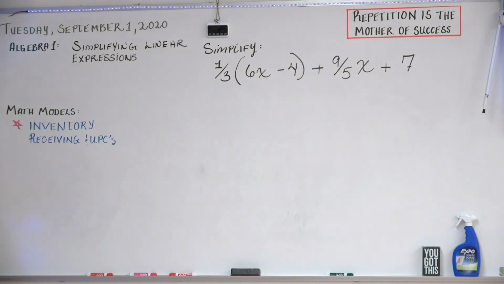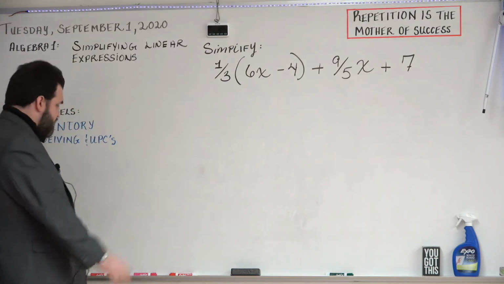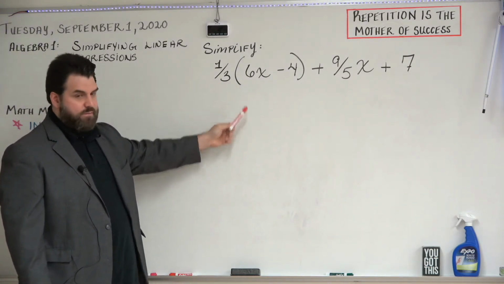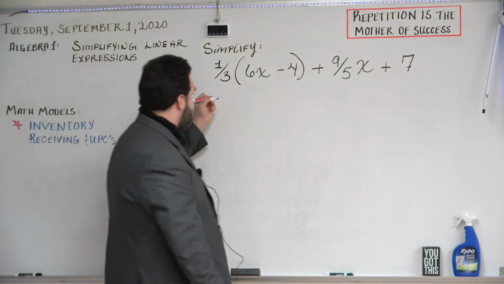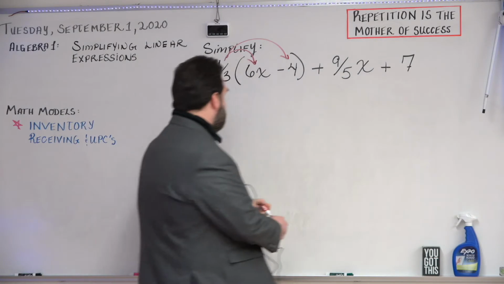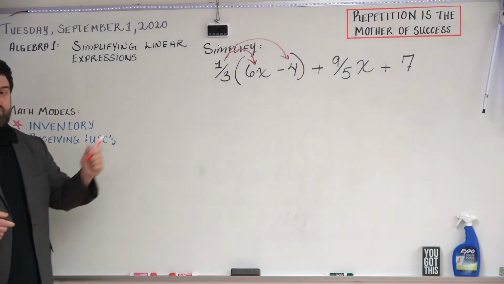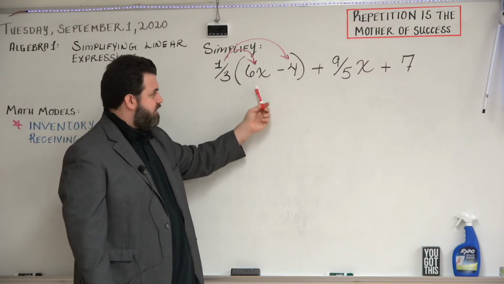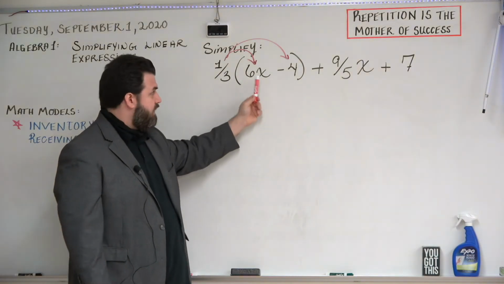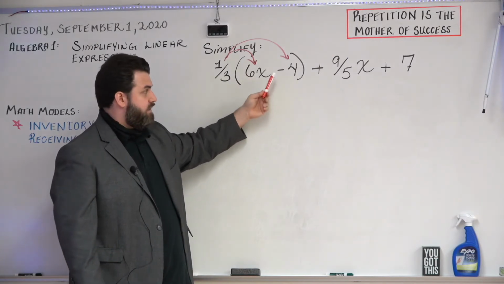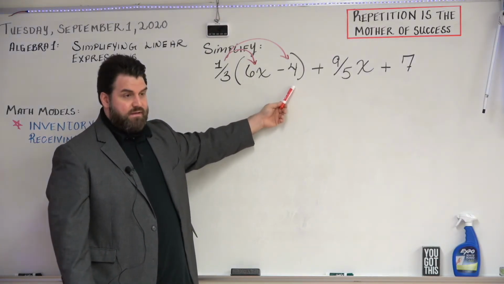So the presence of fractions doesn't change anything about your thought, because this is just a number. It's sitting to the left of a parenthesis, so we're going to distribute the 1/3 to each of the terms inside the parentheses. Looking at the terms inside the parentheses, we see they are dissimilar. Variable with a leading coefficient and a constant.